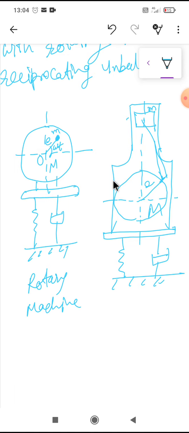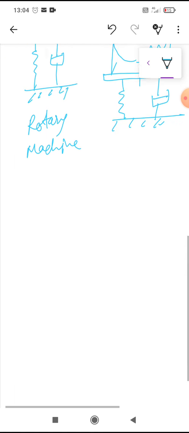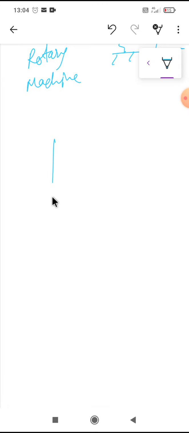If we combine these two systems, both systems, that is rotating as well as reciprocating, can be considered equivalent to the mathematical model. So let's combine both systems into the equivalent system which has reciprocating and rotating both.